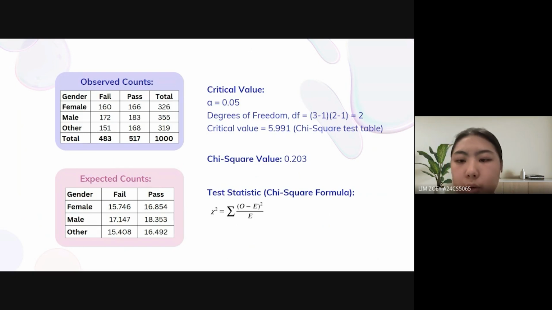The critical value from the chi-square table is 5.991. And the chi-square value is 0.203, which is calculated as the sum of the squared difference between observed and expected counts divided by E. So here are the expected counts. Next slide.